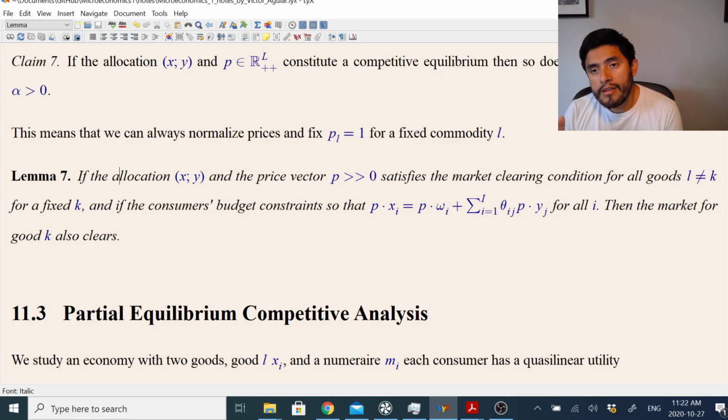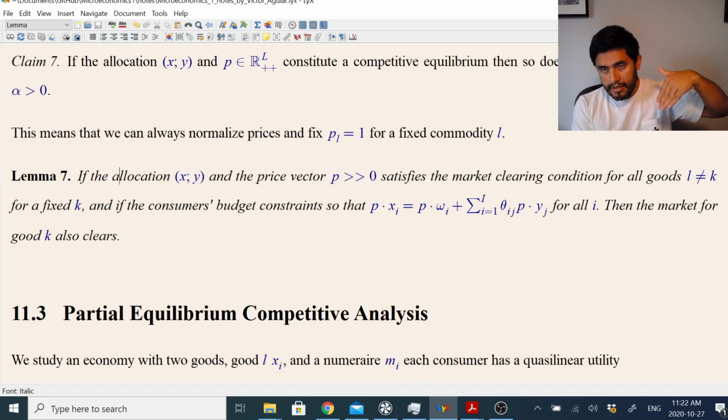Now, if I check the market clearing conditions for all of the goods except one good, say, for instance, I never check the condition for the apples market in my experiment, then just by checking the market clearing conditions of the oranges, physical oranges, and orange juice, I am sure that the final market, the apples market, also clears if the two previous markets clear.